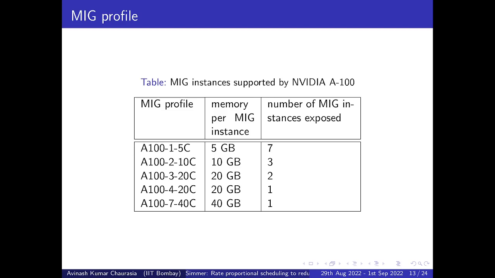Similarly, in case of the A100-7-40C profile, a MIG instance is created with 40 GB memory and it occupies the whole GPU. MIG mode offers heterogeneous instance creation from a single GPU as long as the resource requirement of each instance does not cross the total available resources.